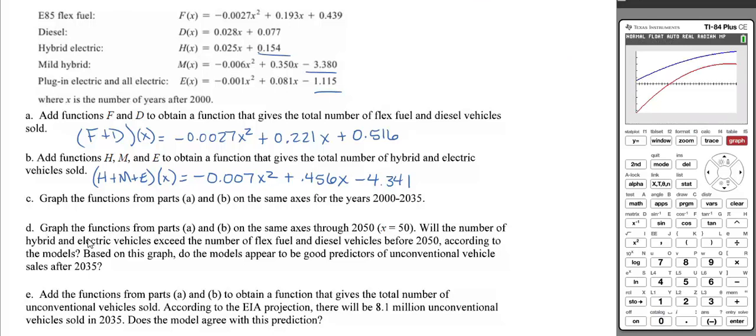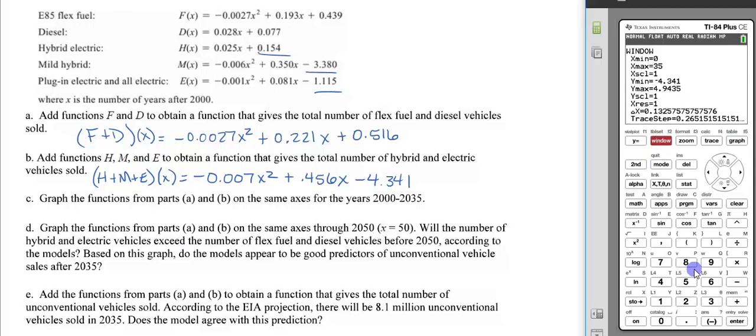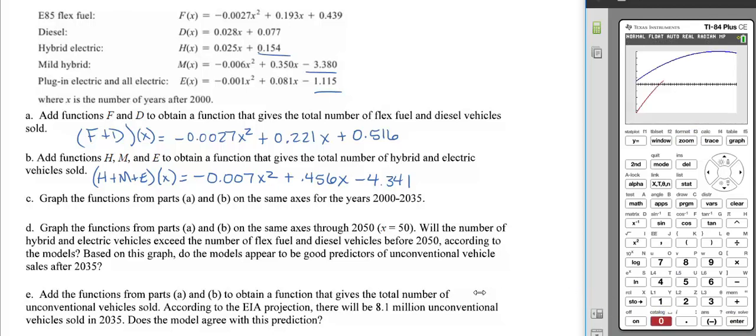In part D, graph the functions from parts A and B on the same axes through the year 2050. So let's change our window to be from 0 to 50 and do another zoom fit. Will the number of hybrid and electric vehicles exceed the number of flex fuel and diesel vehicles before 2050, according to the models?